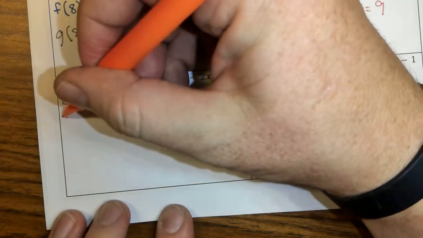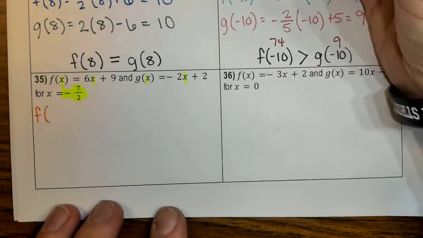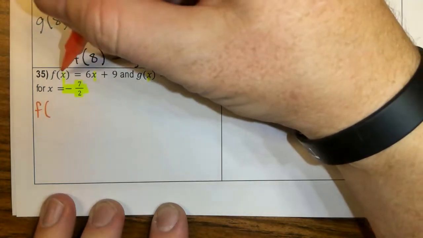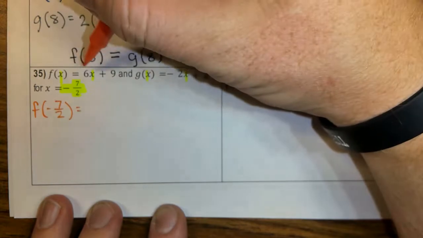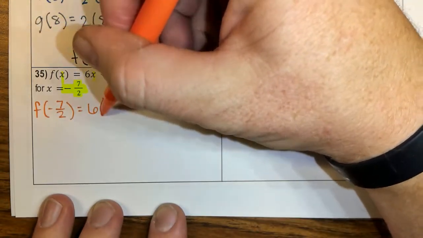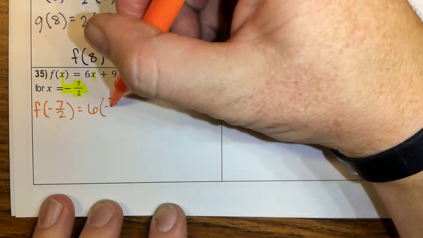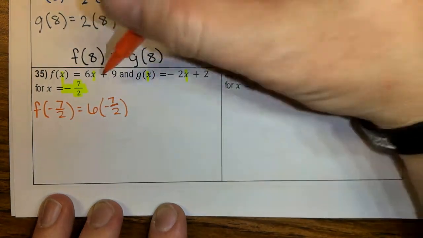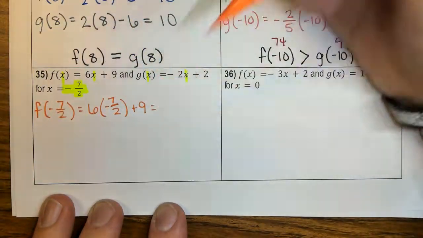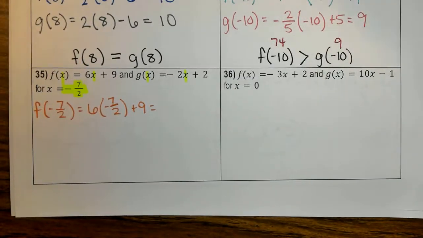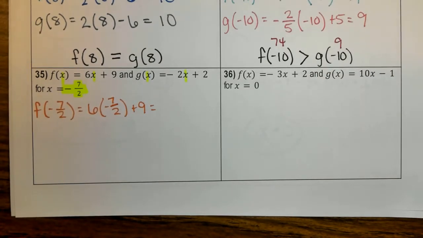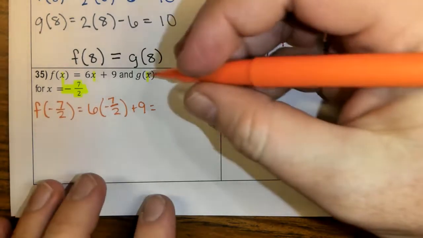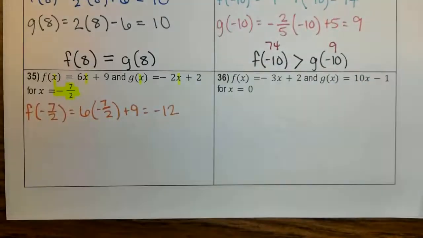So I have f of -7 over 2 equals 6x, so 6 times -7 over 2 plus 9. Okay, that would be -12. Is that right? Yeah, I'm pretty sure that's right. So we got -12 for the first one.